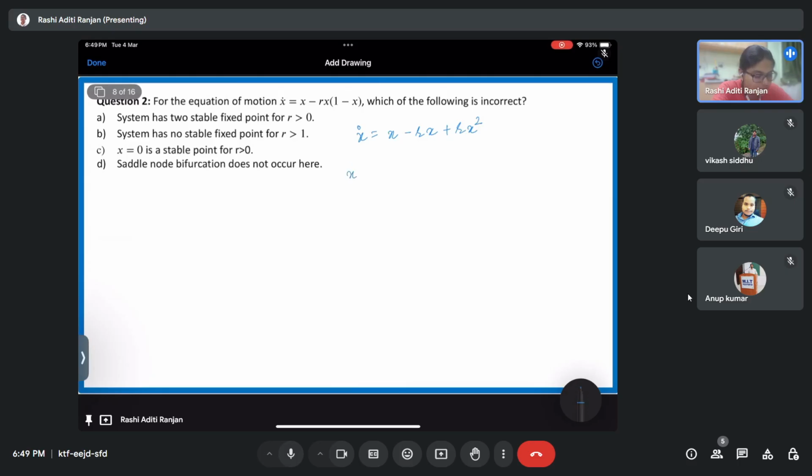I will put x dot equals 0, which implies x equals 0 and x equals r minus 1 by r. These are my two fixed points. Now I have to talk about the stability. Again, what am I going to do? I'm going to calculate the Jacobian.